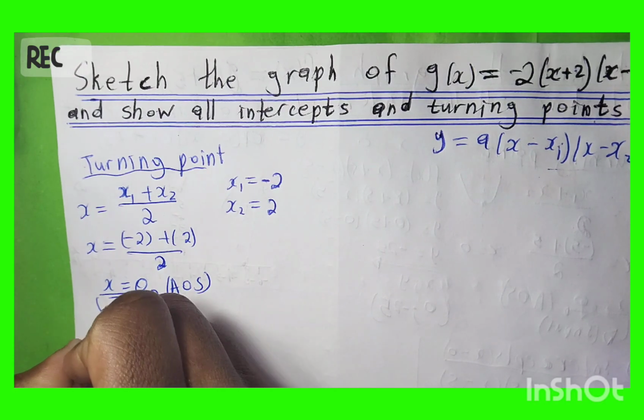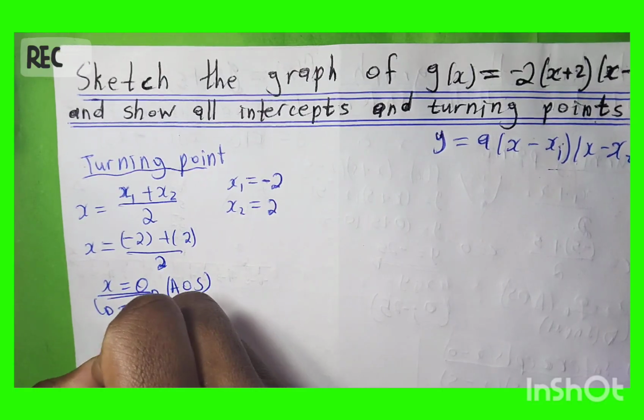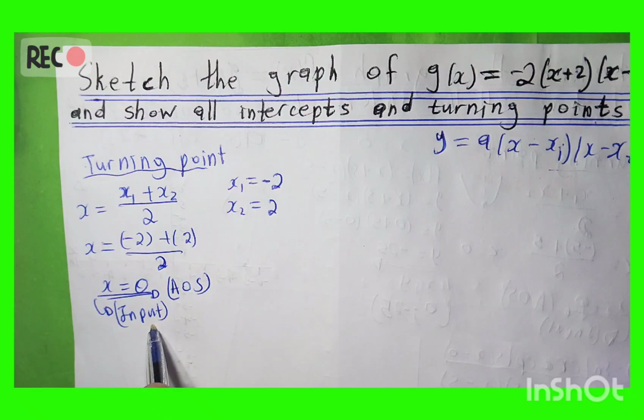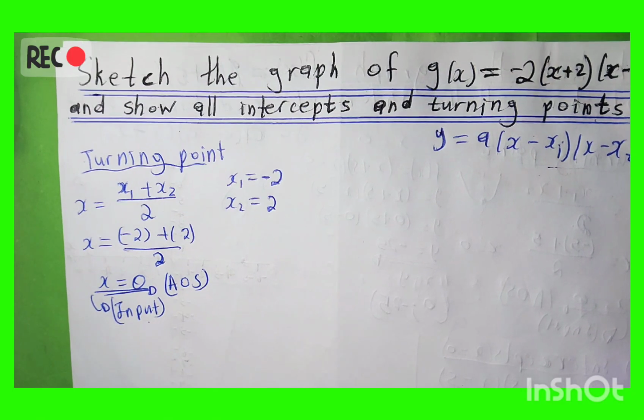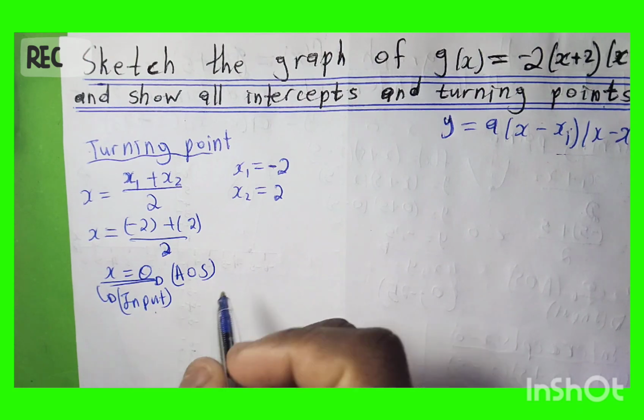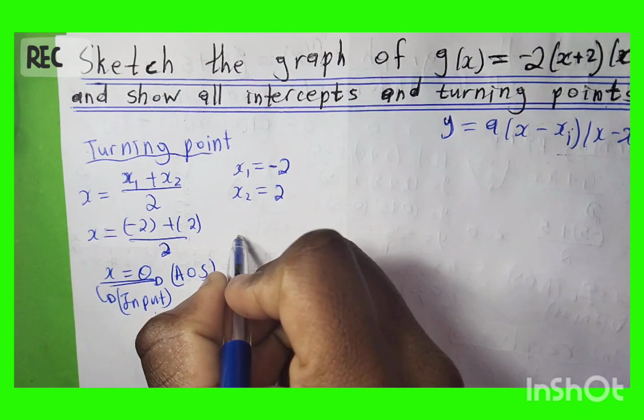But at the same time, that thing, guys, tells me the input of the x value for the turning point. So this thing there is an input, guys. Anyway, let me tell you guys the axis of symmetry.